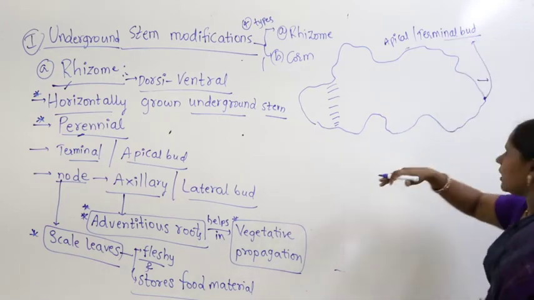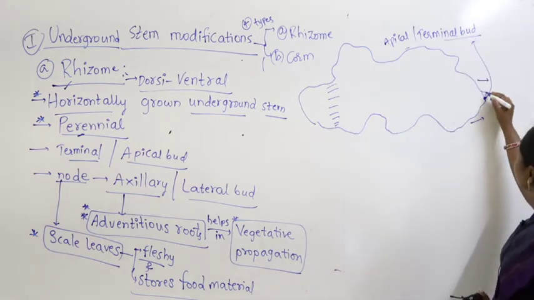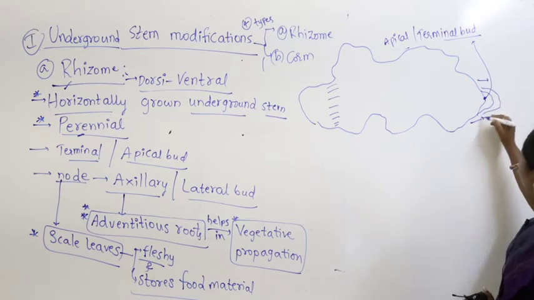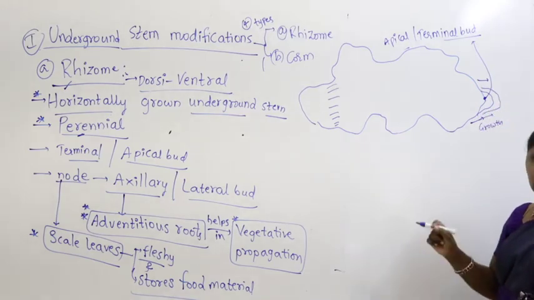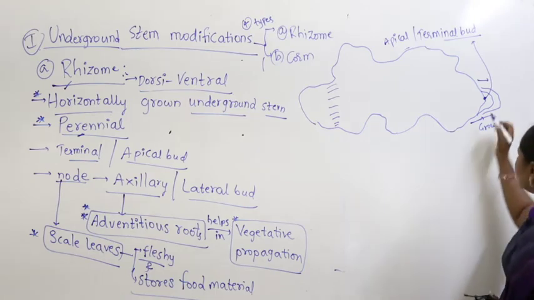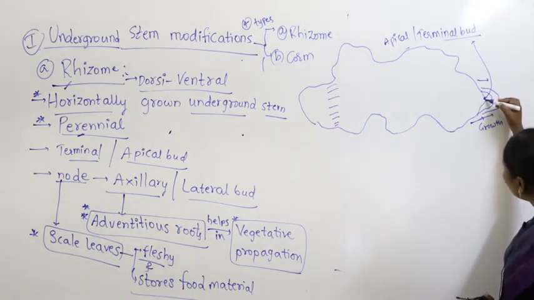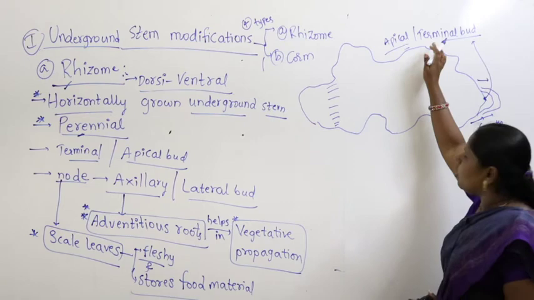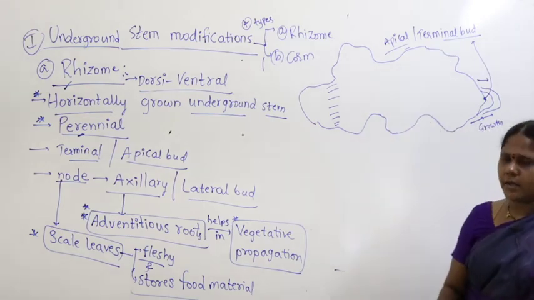Why? Because the growth occurs in a horizontal direction, starts growing like this. The place where growth occurs is called apical bud or terminal bud, right?